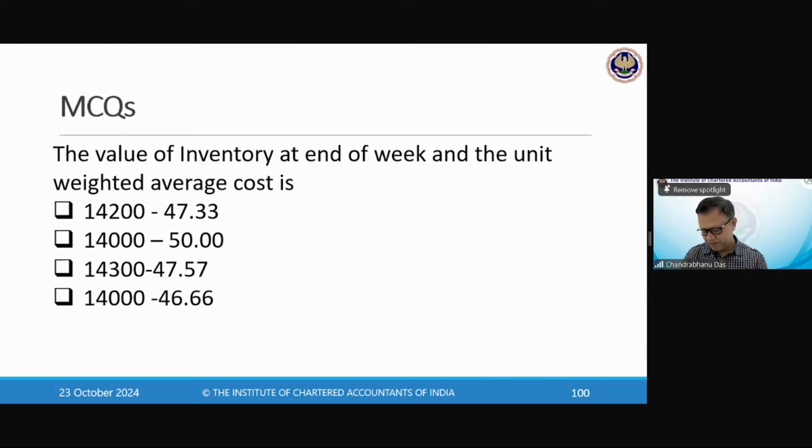Sir, number of inventory multiplied with average price units. Okay, so number of inventory you multiply with the figure. Thank you, Pranav.